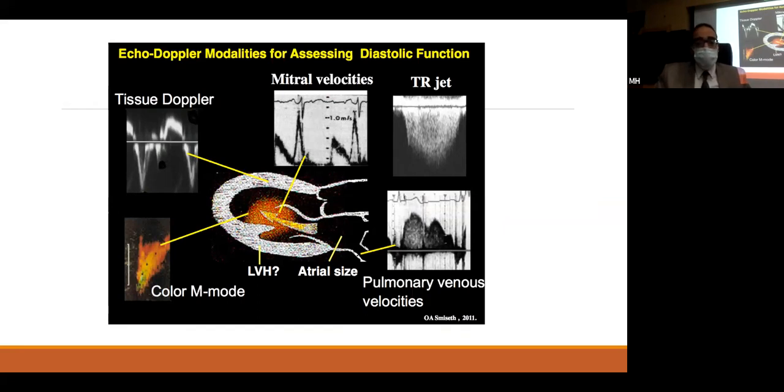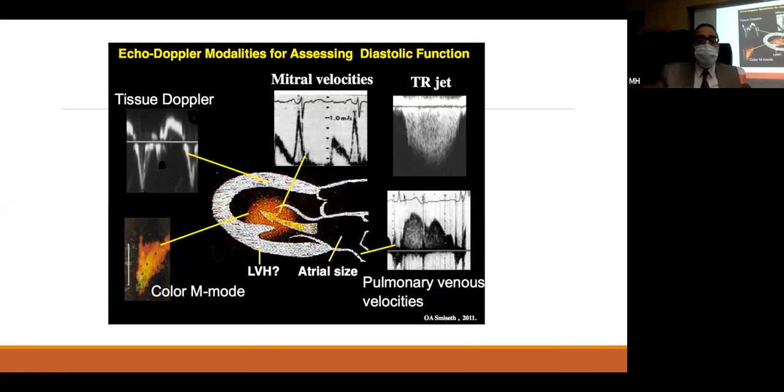There are many indices that can be used. Firstly, some structural and morphological factors like the left atrial size and the left ventricle hypertrophy, and then we have the mitral velocities, tissue Doppler, the color flow propagation, and also the pulmonary venous velocities, and on the right side, the tricuspid regurgitant jet velocity.